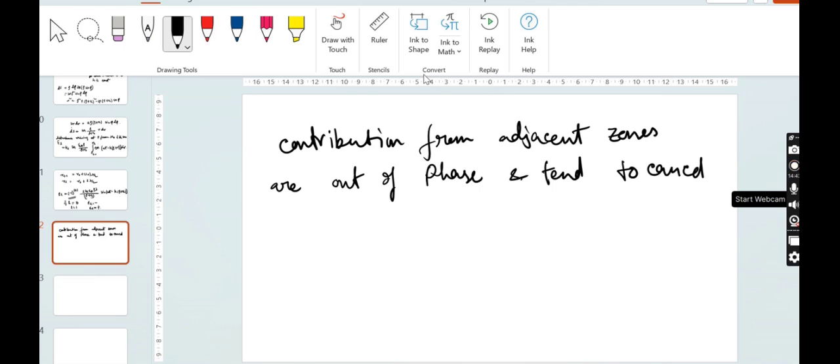So the successive contributions do not in fact completely cancel each other. Something remains. And it is also interesting that E_L by K_L is independent of any position variables.